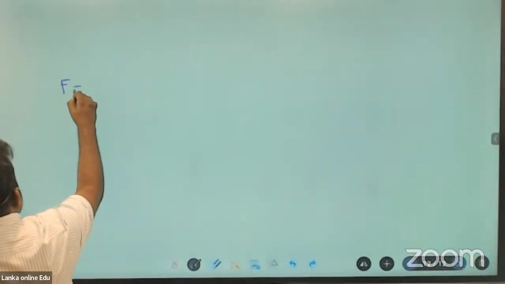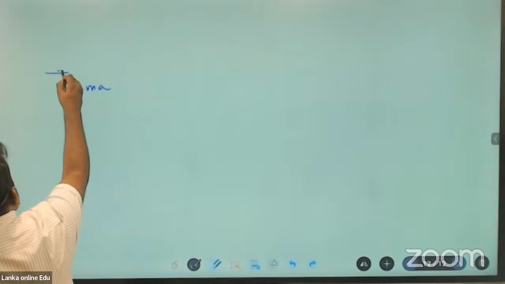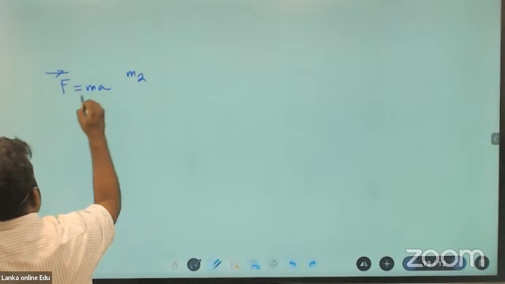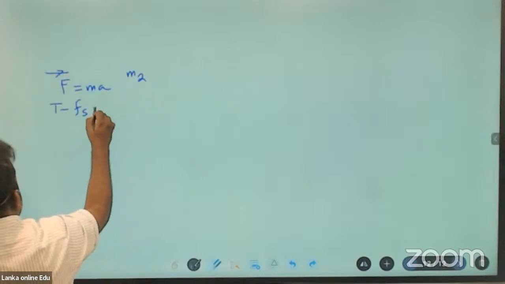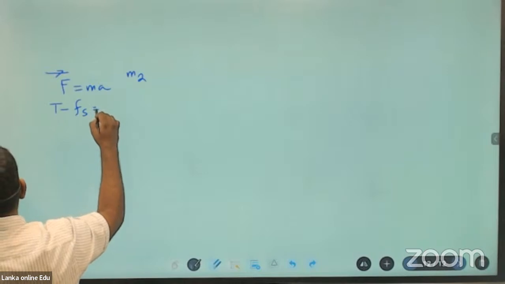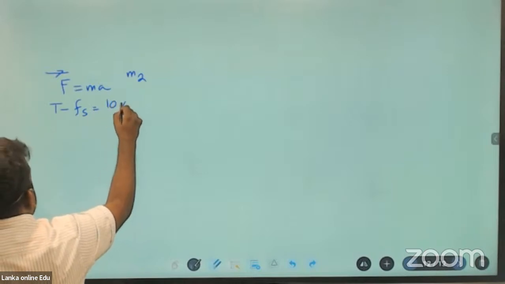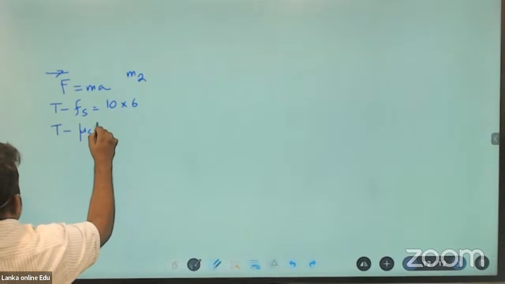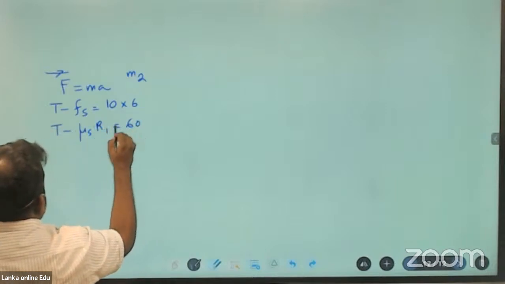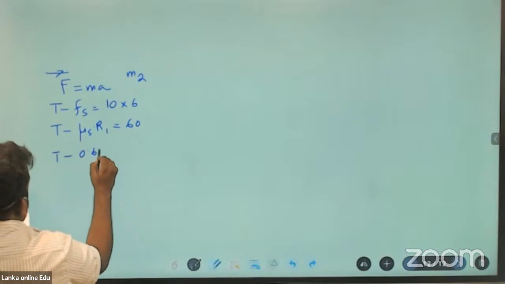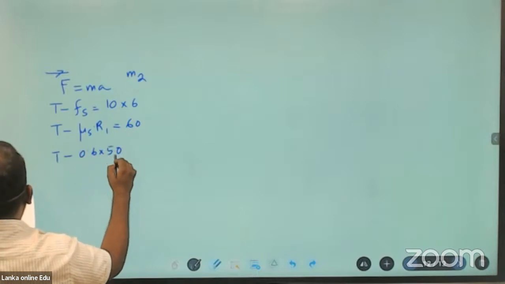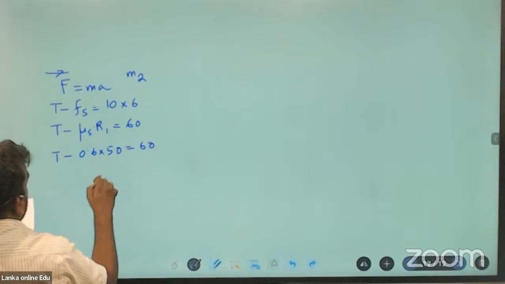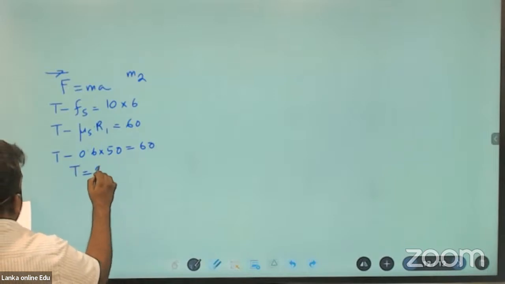F equal to ma forward on M2: tension minus limiting friction equals mass into acceleration. Mass is 10, acceleration is 6. Limiting friction is mu s times normal reaction, 60. Mu s is 0.6, normal reaction is 50, so 30. Tension is 90.